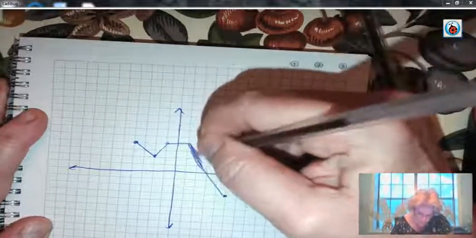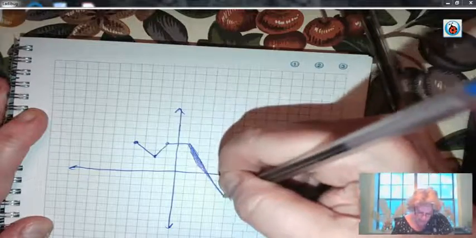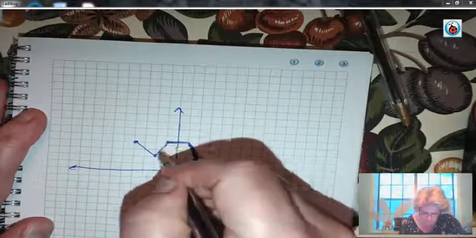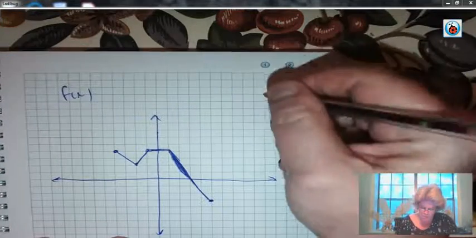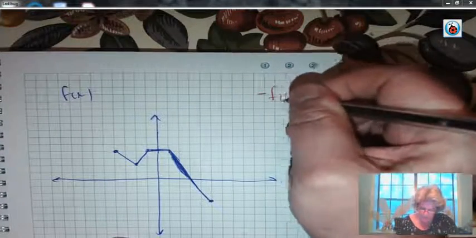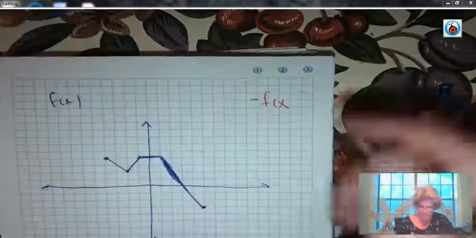Sorry. Just trying to do it freehand. Alright, so if that's f of x, what will that look like?